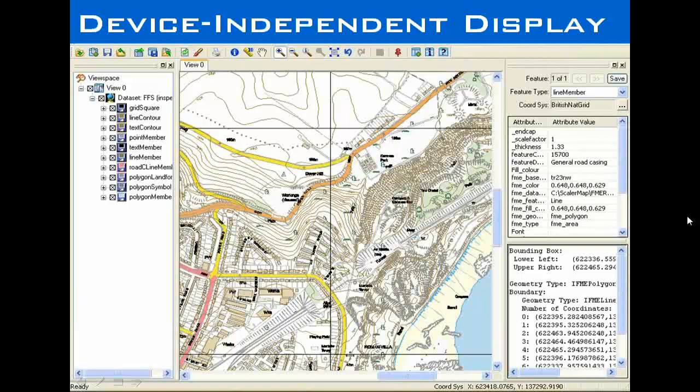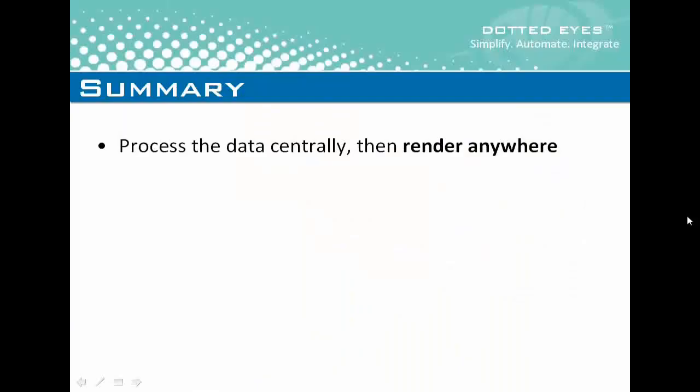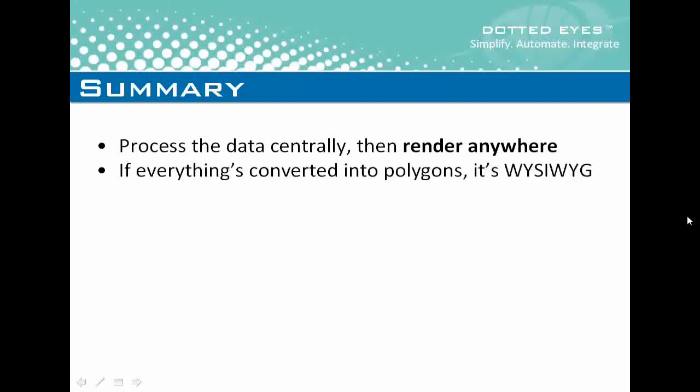It can't really deal with scattering symbols through polygons, or even rotating symbols, but that's what we're getting, because we've taken the data and made it universal. That was our goal, to process it once and have it rendered anywhere.